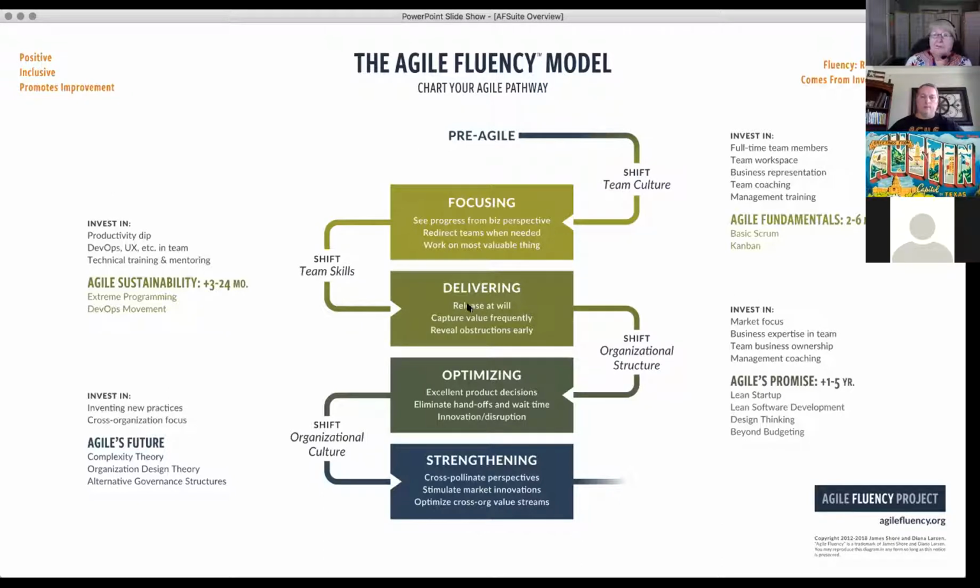Some need something more. And for that, we look at the optimizing zone, which is a zone where the teams are not minimally cross-functional, but broadly cross-functional. So the teams have business expertise embedded in the team. They may have sales or marketing expertise embedded in the team. They may have technical writers and all the perspectives that are going to be needed to put that product in the marketplace.